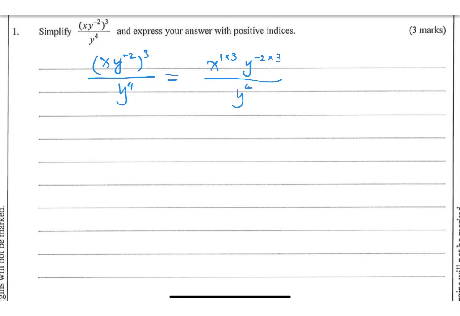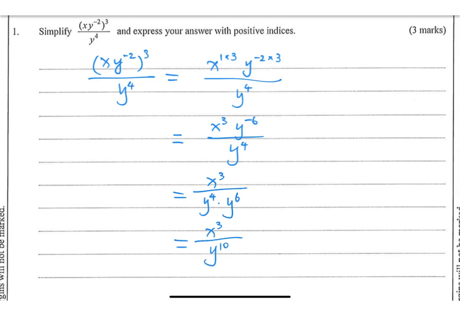So y to the power 4 in the denominator, just copy it down. So x to the power 3, y to the power negative 6, over y to the power 4. Here you see a negative power, so you move it down to become positive. Y to the power 4 times y to the power 6, which equals x to the power 3, keep it in the numerator, and in the denominator 4 plus 6, which is 10.